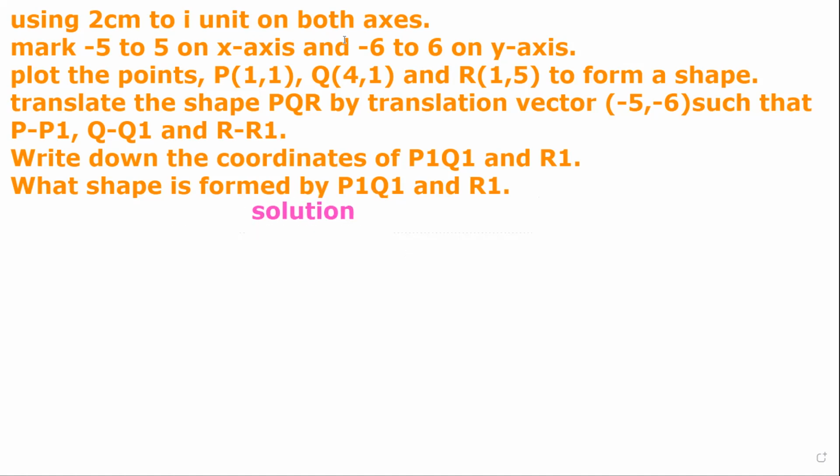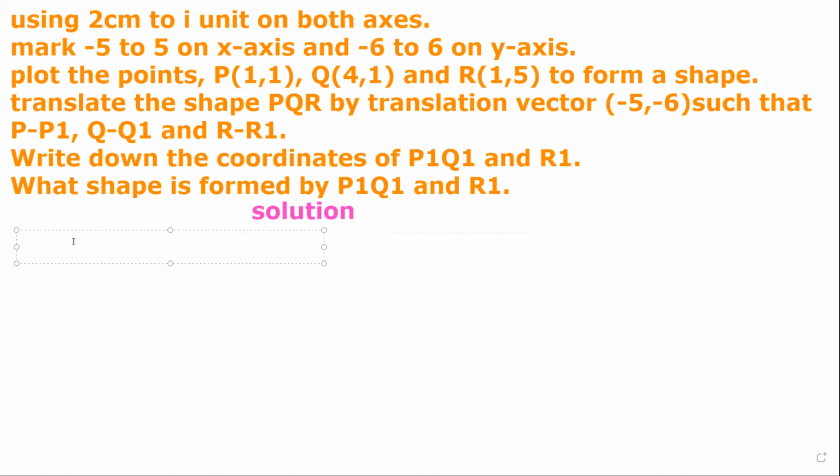Good. Then, you write the formula for finding the image under the translation. So here the translation vector will be added to what? The point.